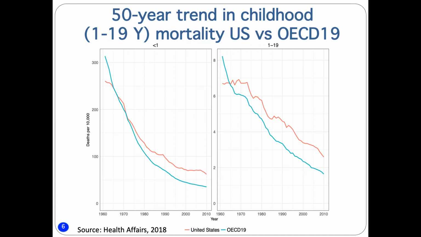There is a big gap between the likelihood of death in the United States versus OECD nations. We have similar economic development, but we don't have similar life chances. Children in the United States have an 82 times, I'll say that again, an 82 times greater likelihood of dying by firearm than children in the OECD nations.